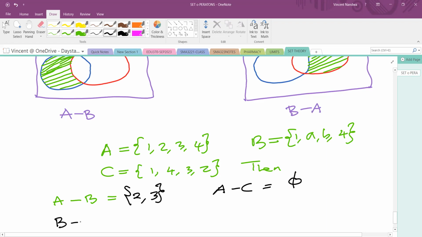And then B minus C: 1 cannot be part of that because 1 is in C. So a and b will be the only elements. And then C minus B will be, you are in C but not in B. 1 can be part of that, 4 can be part of that, 3, yes, and then 2.